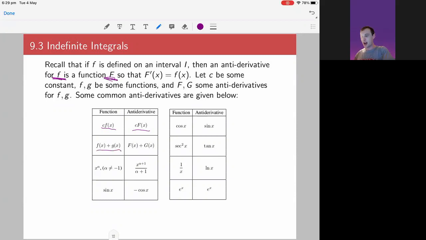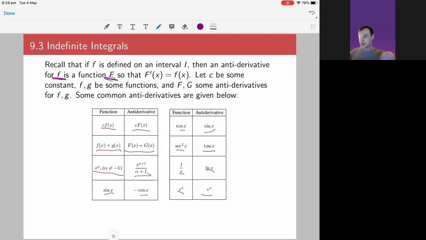And of course, if you add up functions, then the corresponding antiderivative can be found simply by adding up those antiderivatives. But really what you might find useful is access to all of these. These are some nice functions and their corresponding antiderivatives.